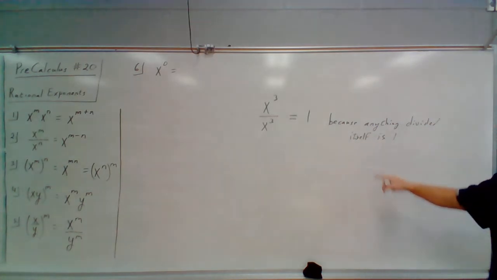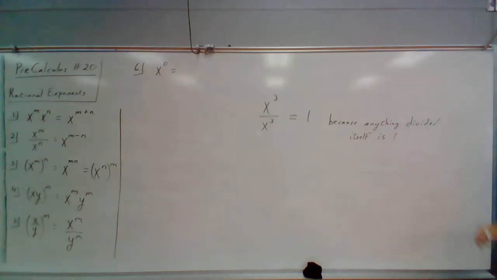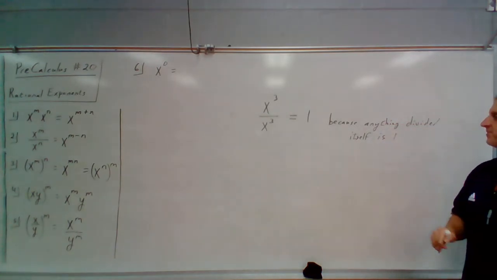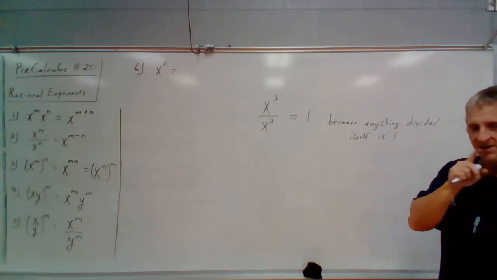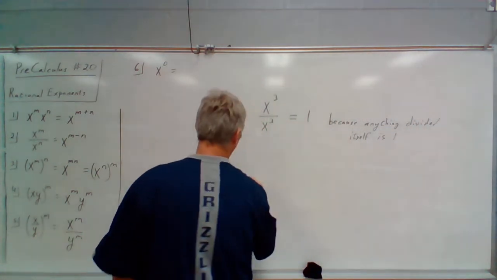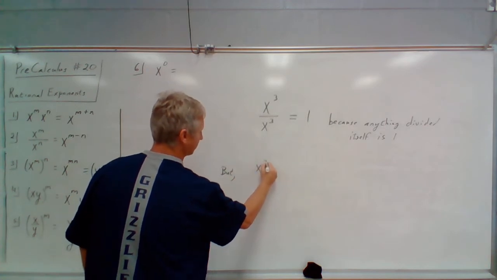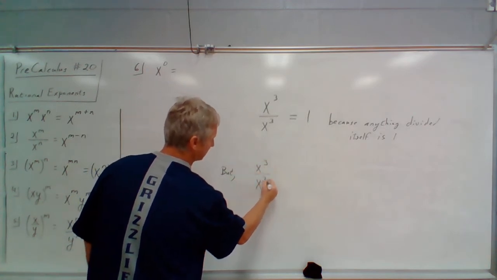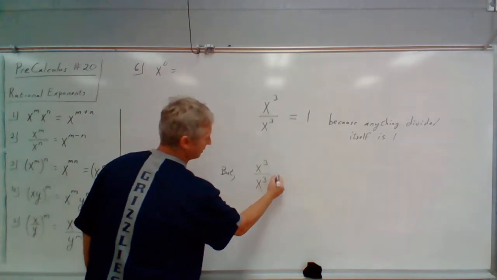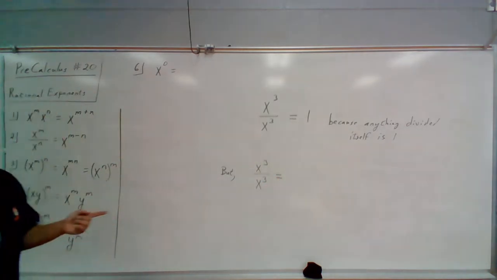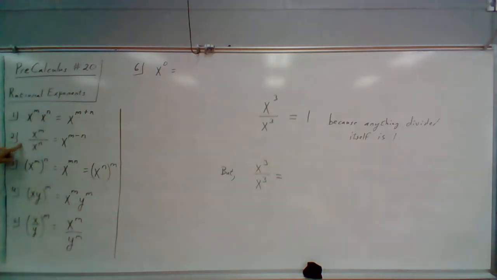Anything other than 0, of course, 0 cannot be on the bottom of the fraction. All right, but let's think about this a different way. x to the third divided by x to the third should also be equal to what if we use rule number 2?